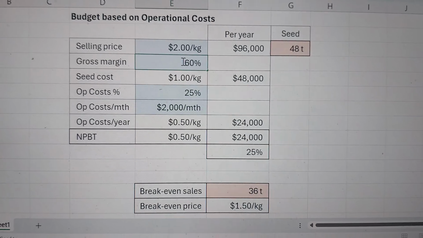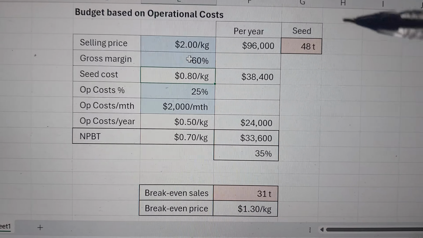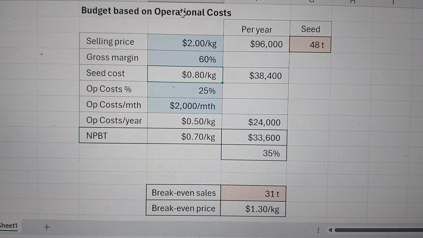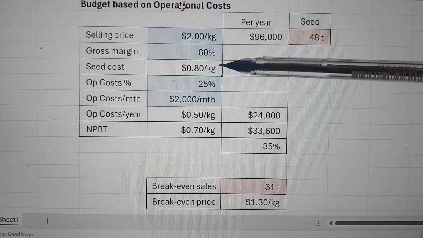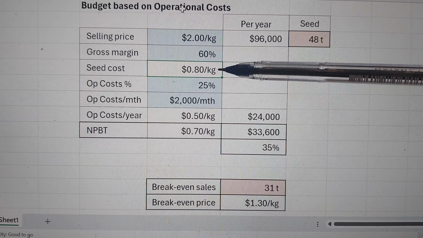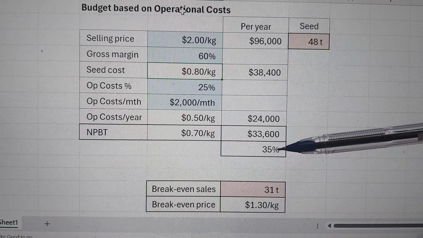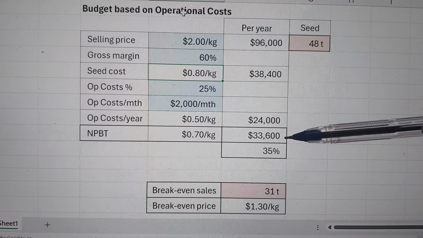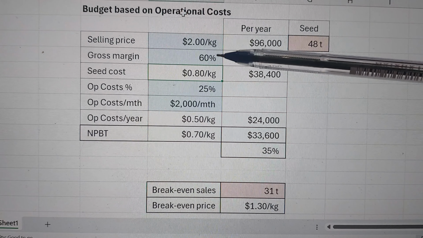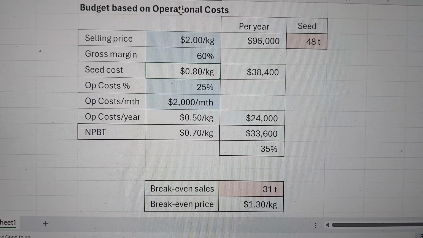So if we put this up to 60%, what that means is that only 40% of your income is assigned to costs. So therefore, your profit increases to 33,600, or 35%, because you've got more of a margin over costs at that price.